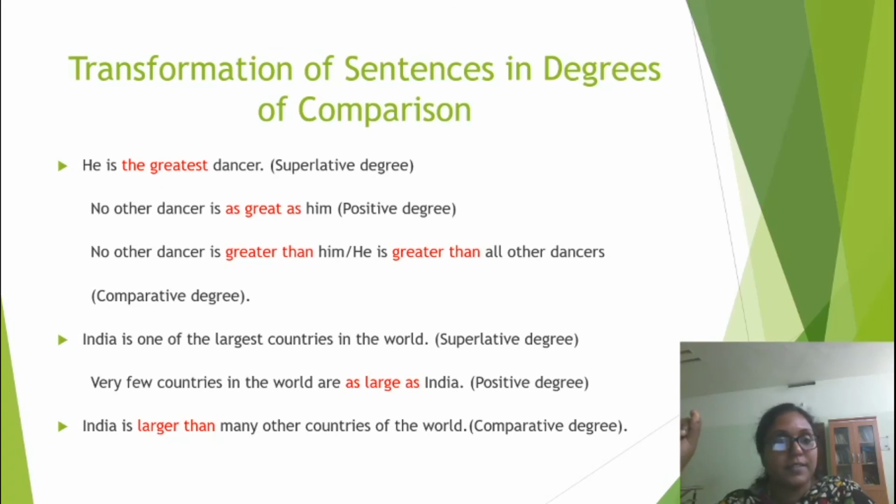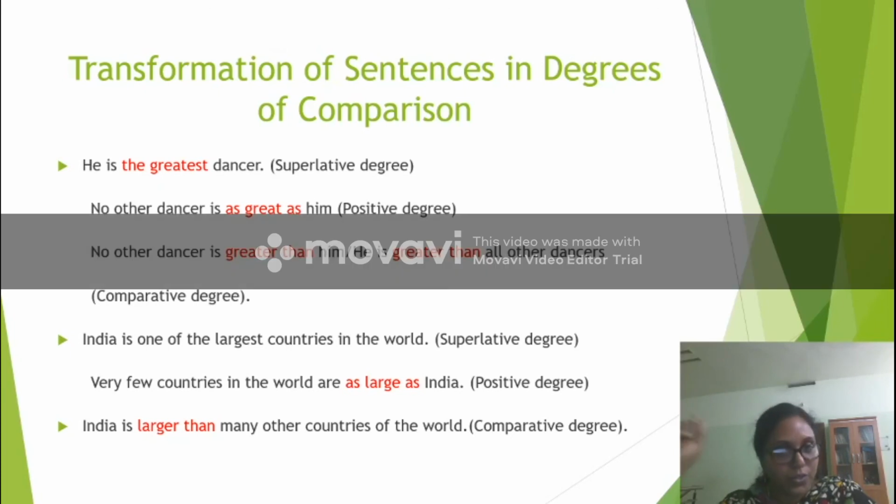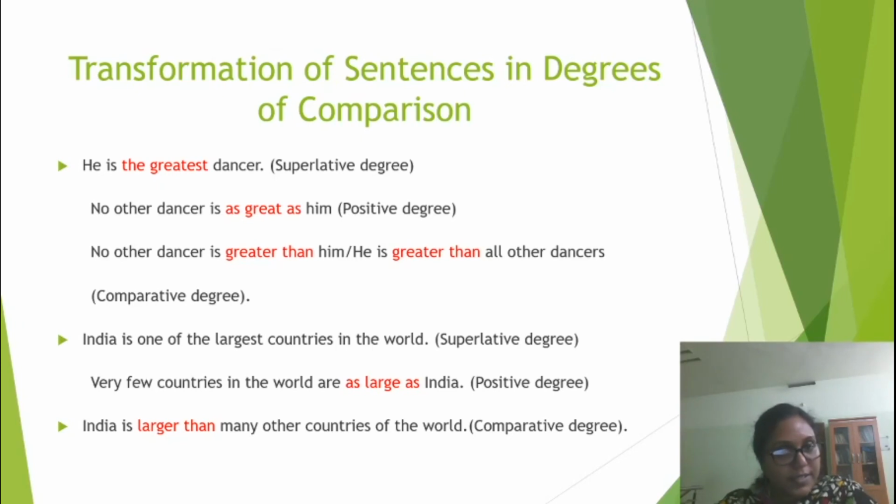So, as great as him, where great is the positive and as is the usage. No other dancer is greater than him, or he is greater than all other dancers. Both these sentences carry the same meaning, and you can write either way. Both are correct.